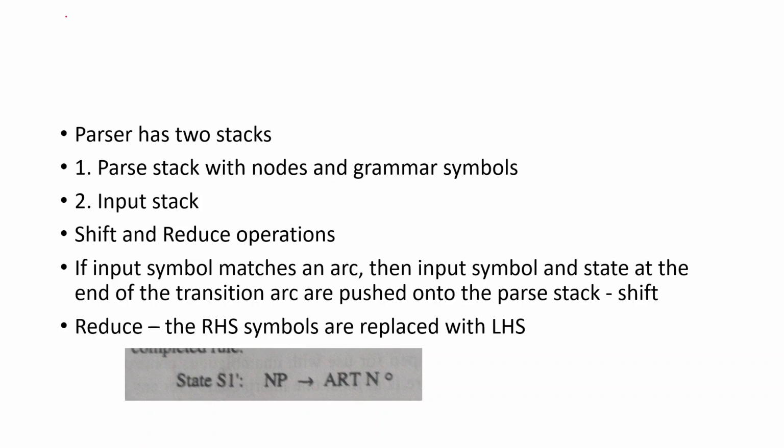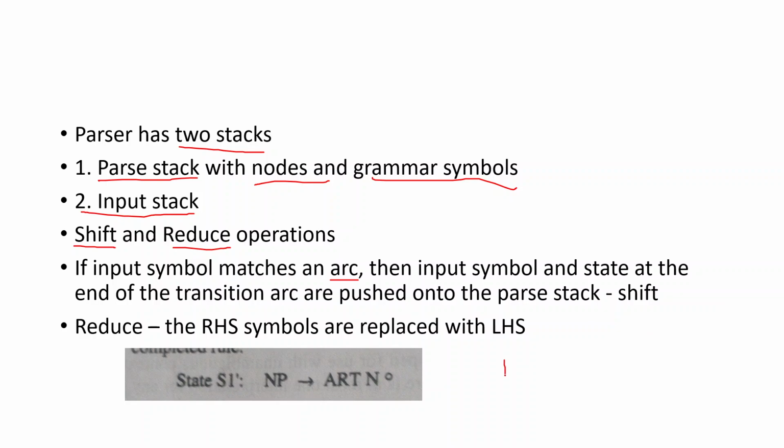But before that, when we look at a shift reduce parser, it actually has two data structures involved. One is the parse stack, which contains nodes and grammar symbols, and the other is the input stack. The operations involved are shift and reduce. What is shift? If the input symbol matches an arc at a particular state, then the input symbol and the state at the end of the transition are pushed onto the stack.